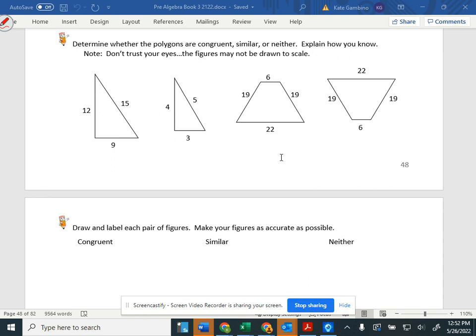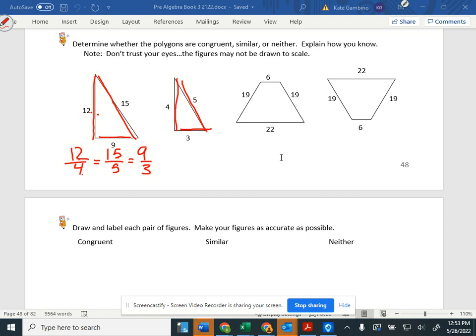So we're going to match it up. So this side matches up with this side. So that would be 12/4. We're saying that is equal to 15/5, which would be equal to 9/3. Because if we're starting with this triangle on top, every one of these sides needs to have that triangle on top.